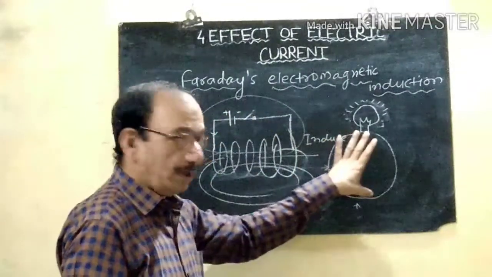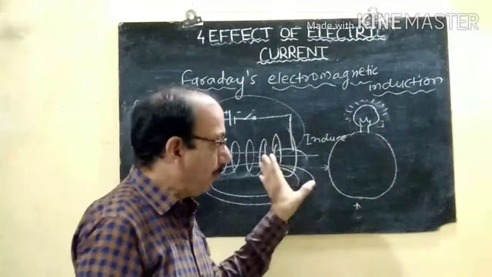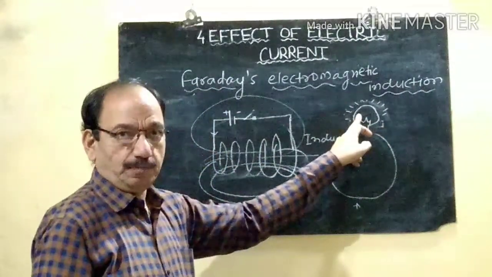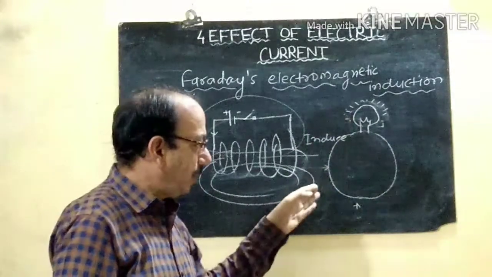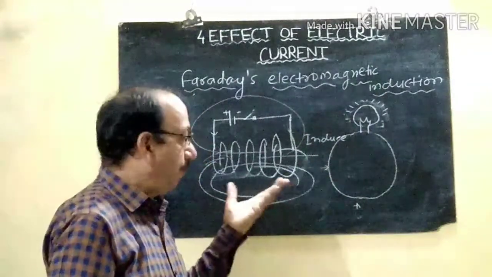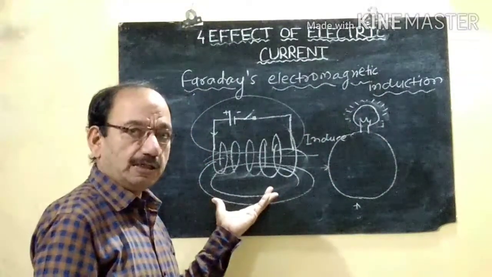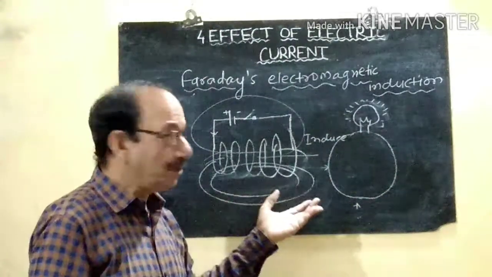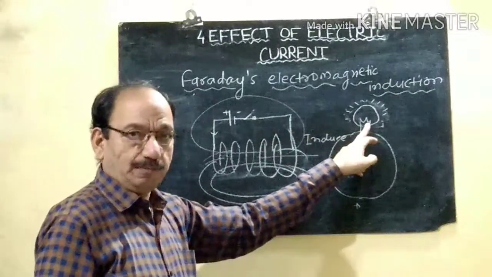If you move this coil away from the solenoid coil, the light will flash. When we bring this coil towards the solenoid coil, the light will also flash.